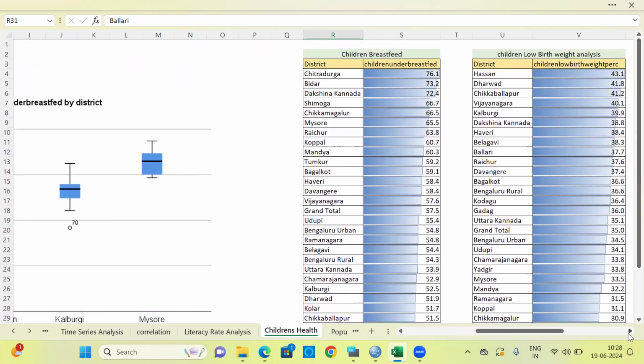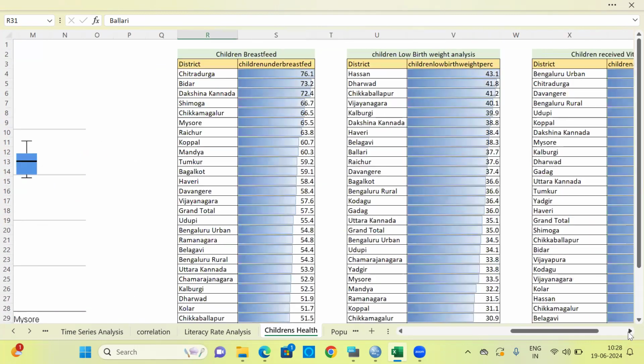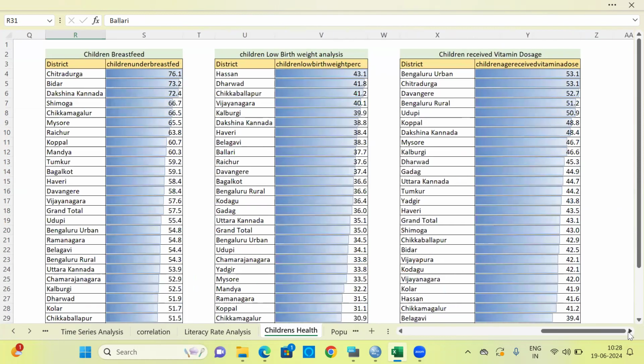Let's now talk about another important dimension when we speak about children's health. Here I've taken children with low birth weight analysis. Hassan district, Dharwad district, and Chikballapur district have a high proportion of children with low birth weight.